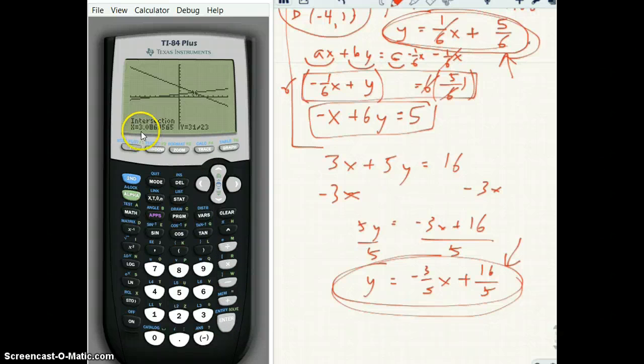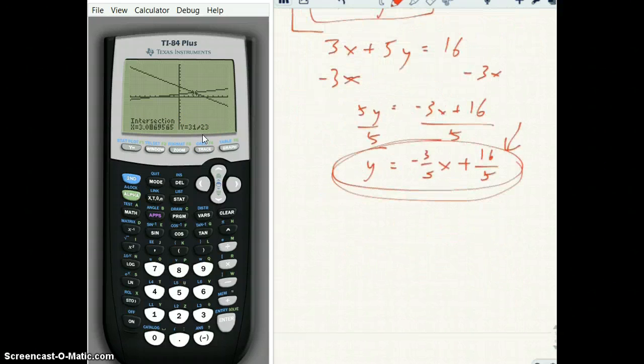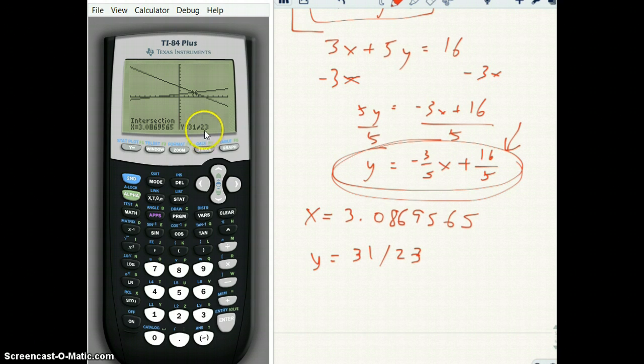So the intersection is x equals 3.0869565, and y is 31 divided by 23. What a mess. That's the answer to where those two lines cross.